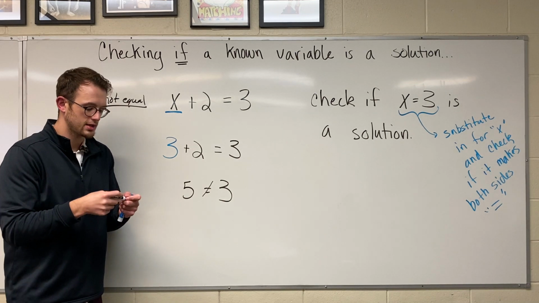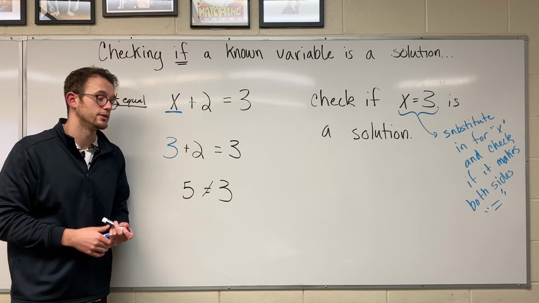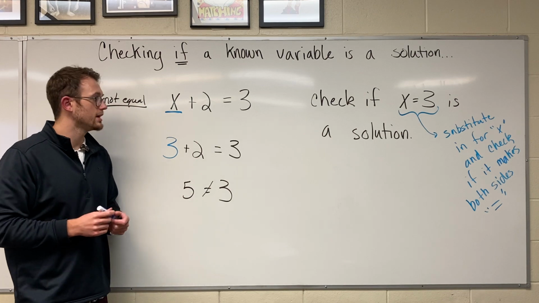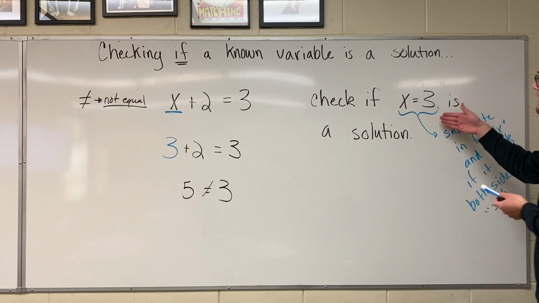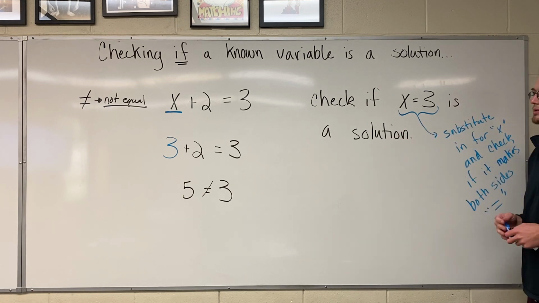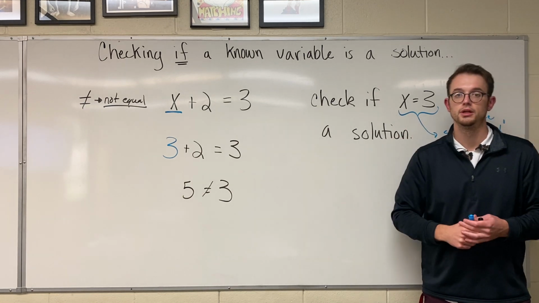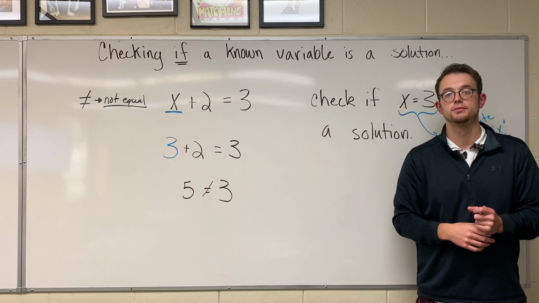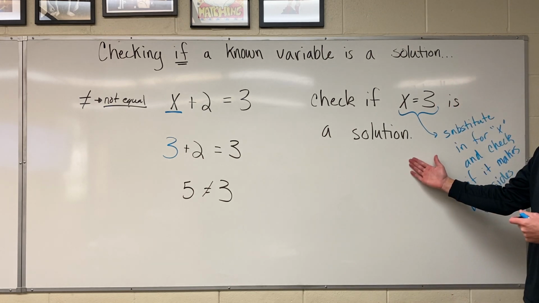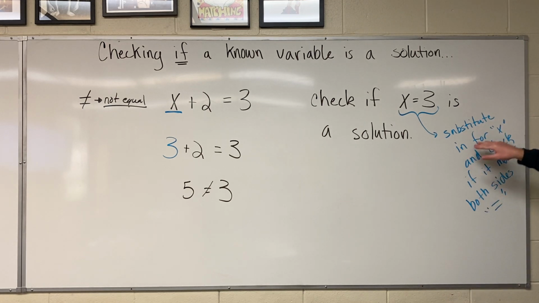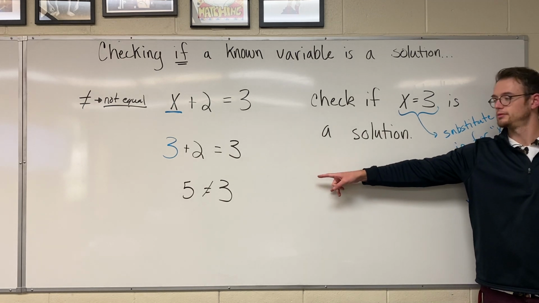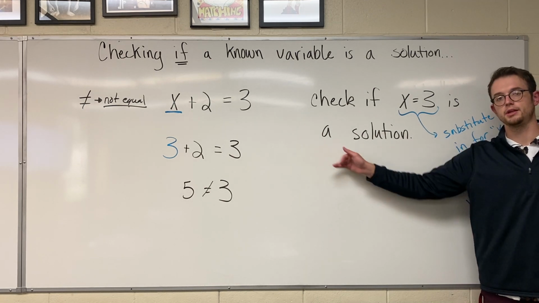So the question is, because this is going to be a yes-no answer, check if x equals 3 is a solution. No. It's not a solution. 5 does not equal 3. So you substitute in for x and check if it makes both sides equal. Did it make both sides equal? 5 does not equal 3.